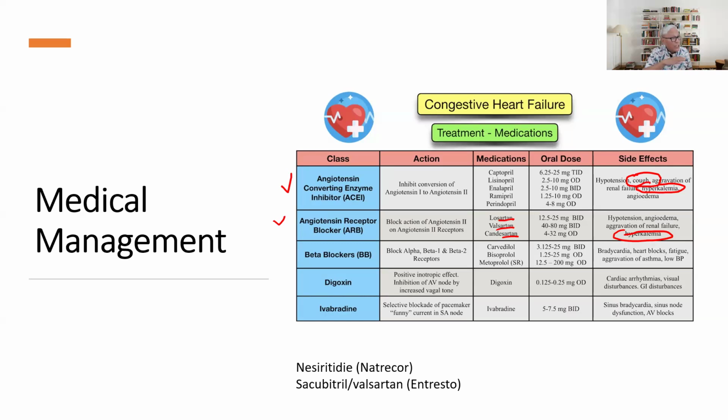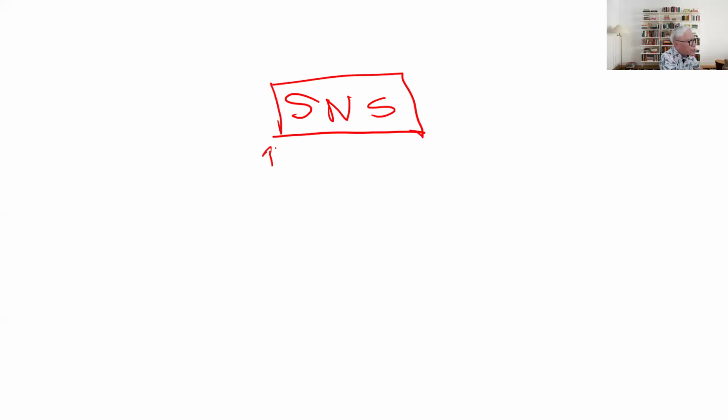So if you give a beta blocker, you are going to block the effects of your adrenergic or sympathetic stimulation. Okay. So for those of you who were lost with that, whenever we have stress or whenever we have a physiologic stressor in the body, the sympathetic nervous system responds. And how does the sympathetic nervous system respond? It releases a substance called epinephrine or adrenaline.